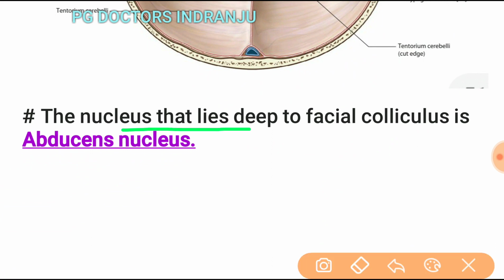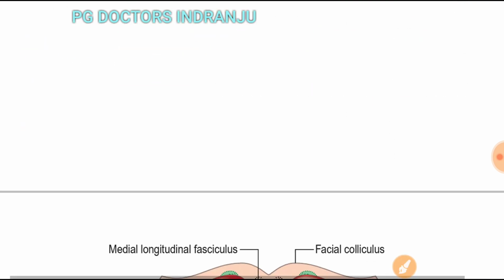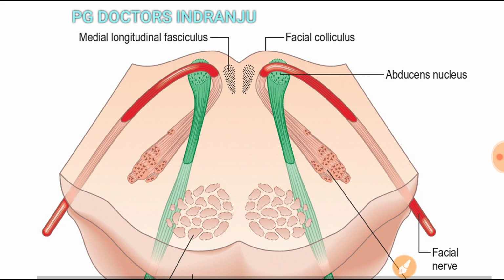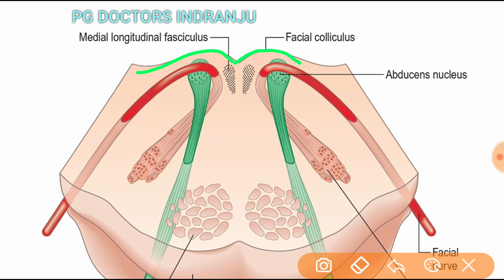The nucleus that lies deep to the facial colliculus is the abducent nerve. The image is showing you this facial colliculus. This is a cross-sectional diagram.